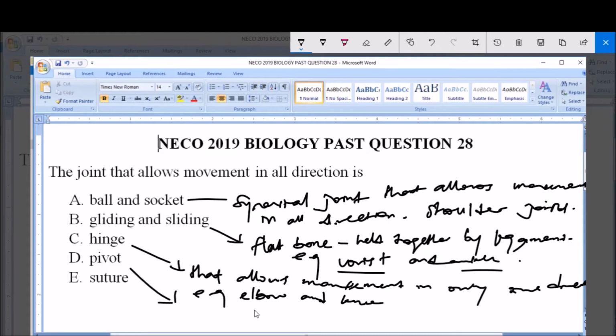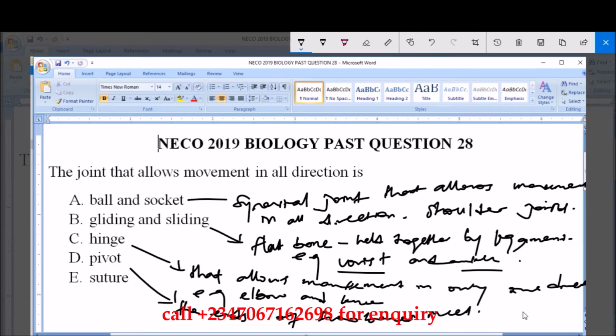Now the pivot joint. The pivot joint is also a synovial joint in which the ends of two bones meet in such a way that one end of this bone forms a central bony cylinder and the other end forms a ring.